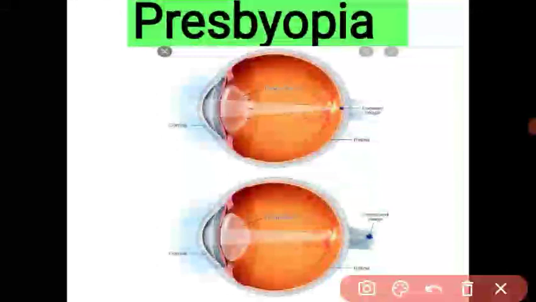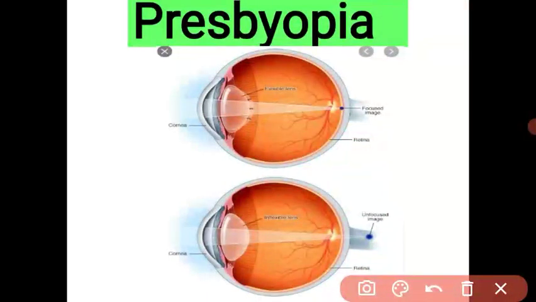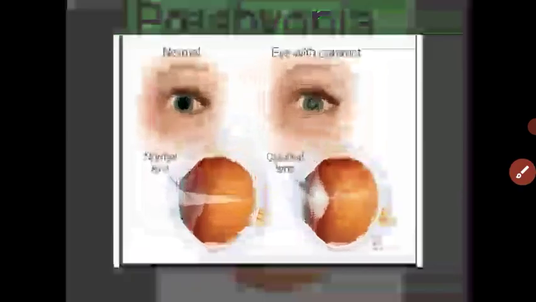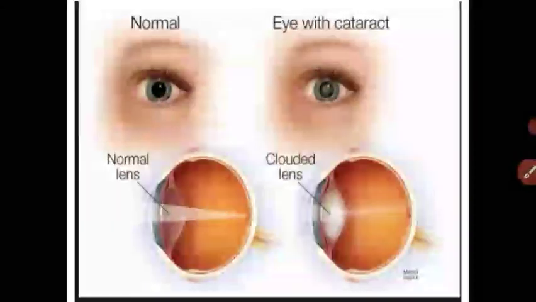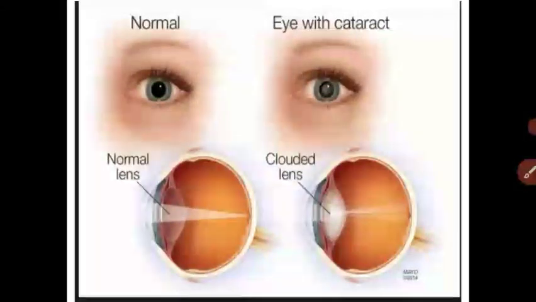Then presbyopia, where the person loses flexibility of the lens and muscles. This defect occurs in old age, and by using a convex lens this defect is corrected. Next is cataract, where the lens becomes opaque, white. This defect can be corrected surgically, or we can implant a plastic lens behind the iris or in front of the iris.